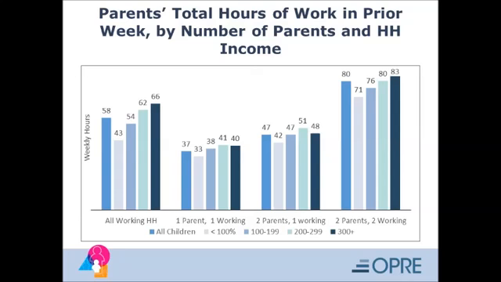Roughly speaking, for all working households, which is the leftmost set of bars, as well as for the two working parent households, which are the rightmost bars, you see an increase in hours of work by income category, so that the highest income households are working more hours than lower income households, although every category of parent, on average, is working significant numbers of hours per week.